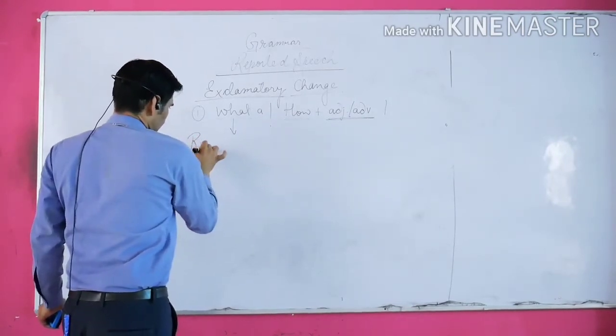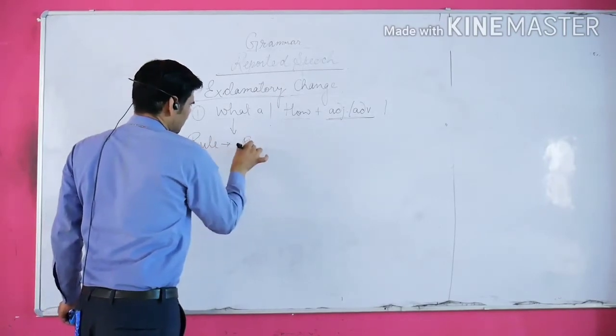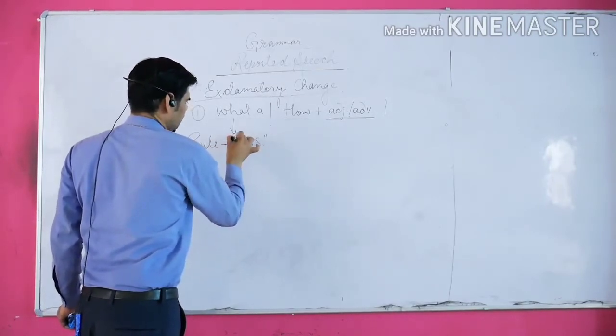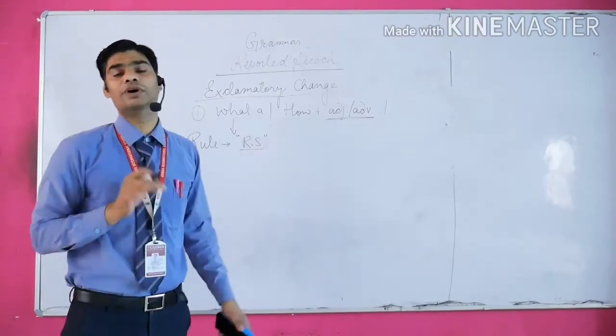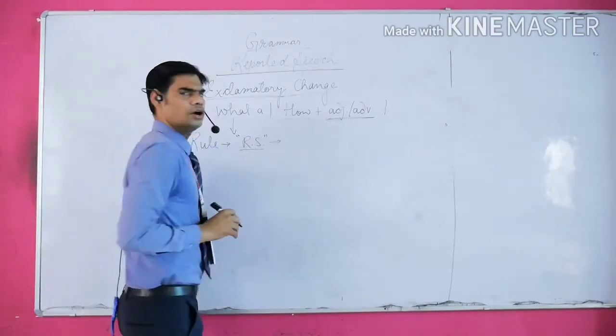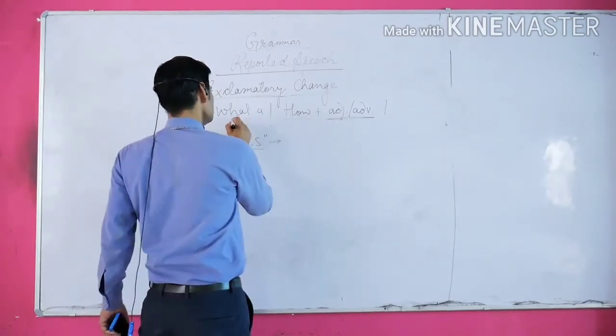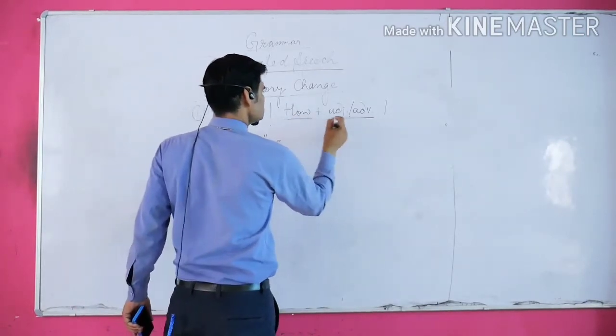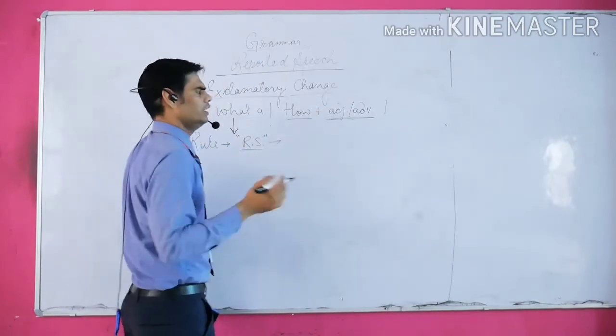Now I am writing a rule. In RS, means reported speech, means inverted comma sentence. In inverted comma sentence, we have the sentence started with these words, what or how, any.